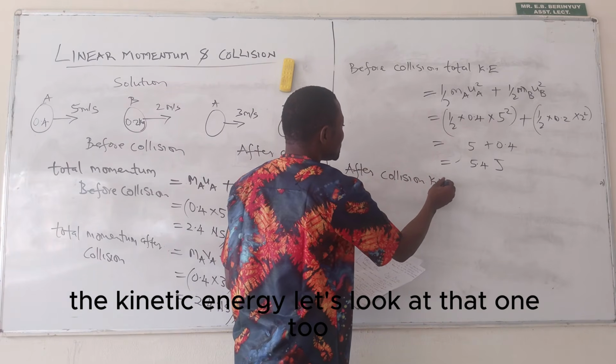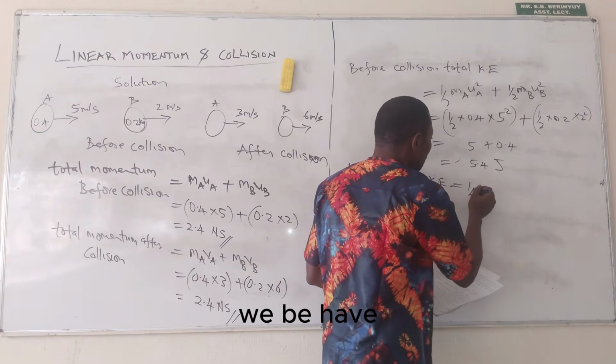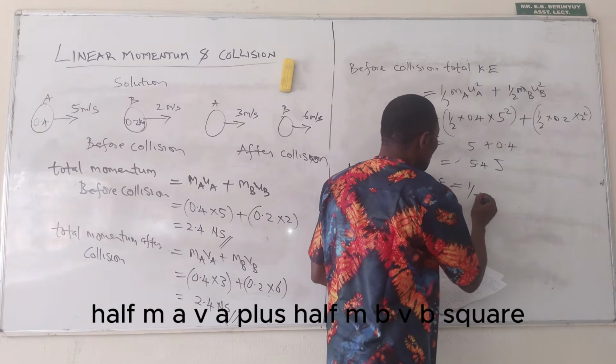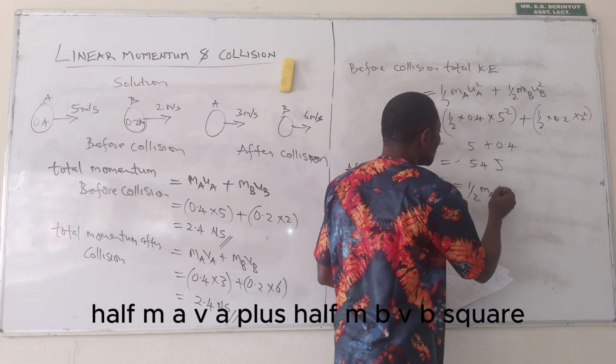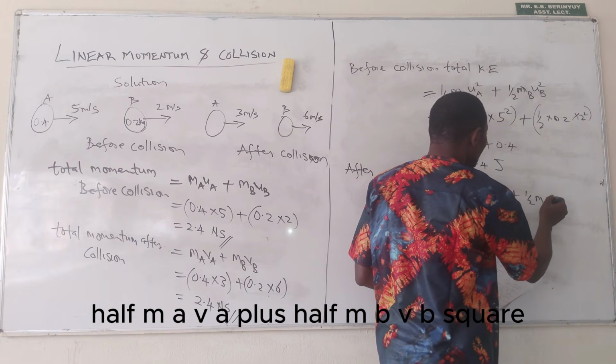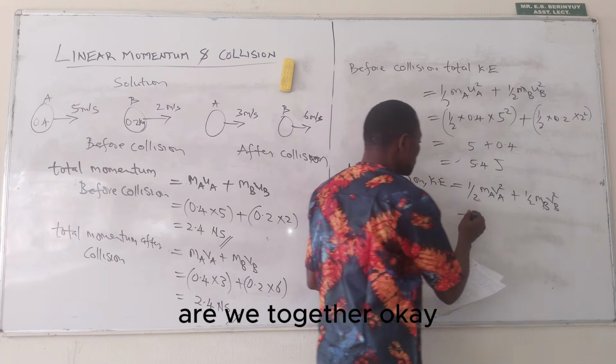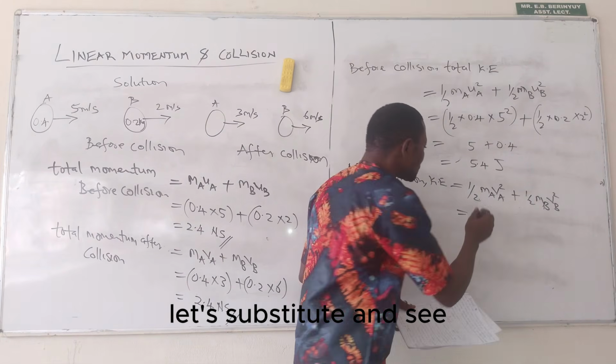Okay, after collision, the kinetic energy, let's look at that one too, will be half MA VA square plus half MB VB square. Are we together? Okay, let's substitute and see.